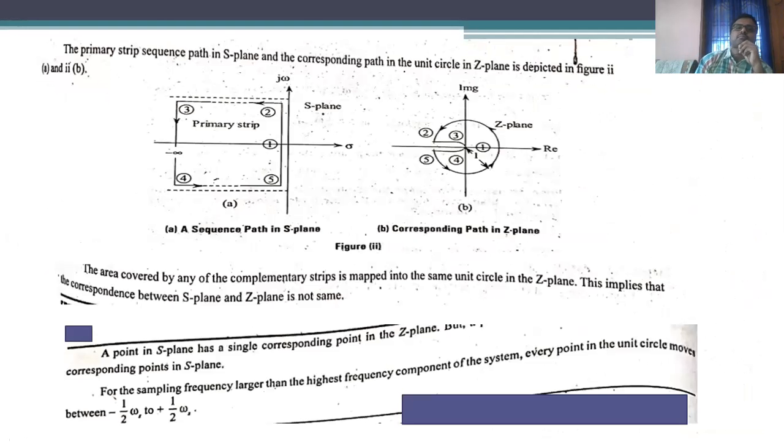Okay, so the primary strip with respect to the S plane has to be mapped with respect to the unit circle in the Z plane, which is represented here. Let us consider it as a sequence.